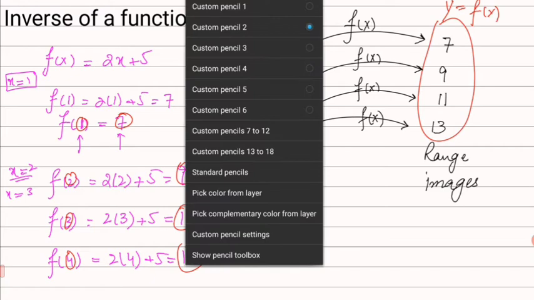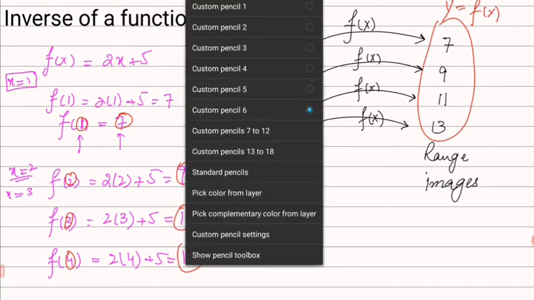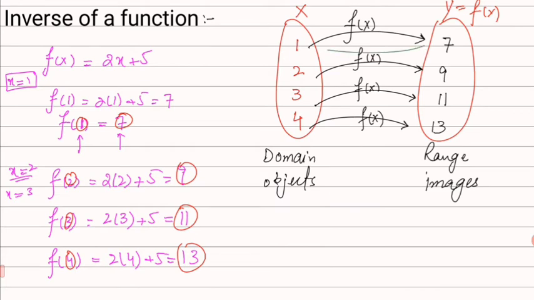Now the question is, we need a function such that if I substitute 7 in it and it gives me a value of 1, that will be f inverse of x. We need a function in which I put 9 and I get 2. If I put 11 I get 3, or if I put 13 I get 4. So that will be the inverse of the function. The inverse of a function operates exactly in the reverse order in which the function operates.